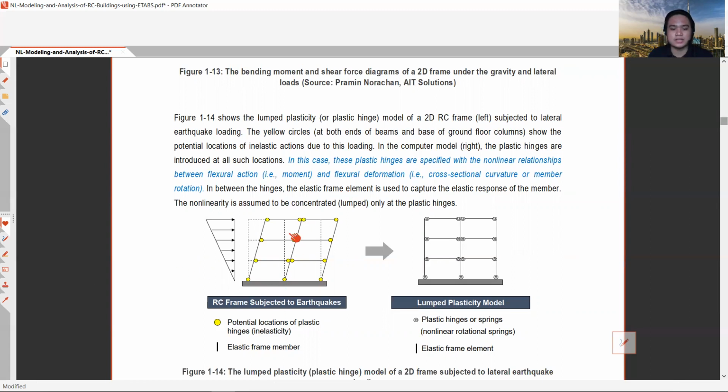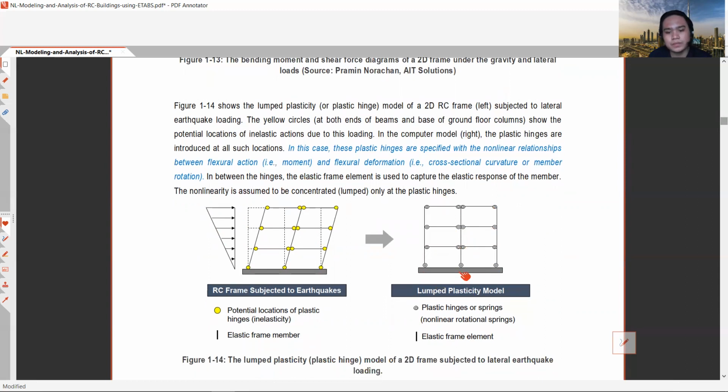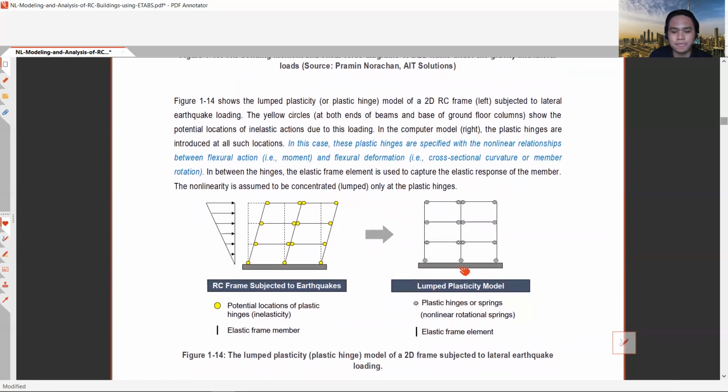So this one is the RC frame subjected to earthquakes, and this one is the lump plasticity model. Okay, so lump plasticity, ayan. Okay, so I see. So, mapapansin nga natin is nandun talaga sa may ends. Ayan, mga ends. So, for the column, syempre, ito lang yung column natin. This one's the only column.